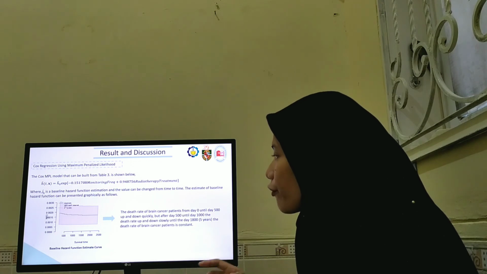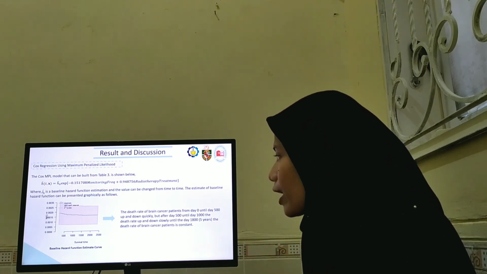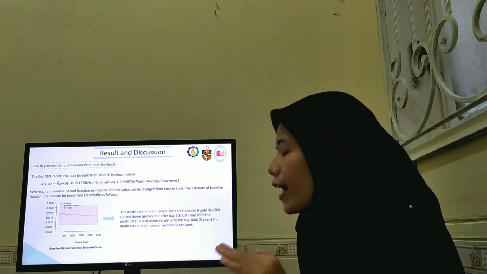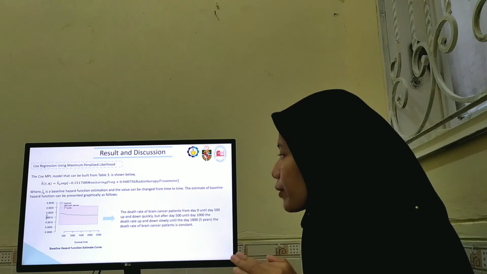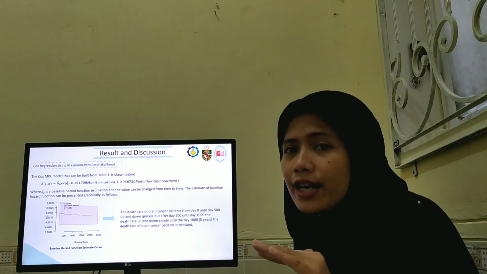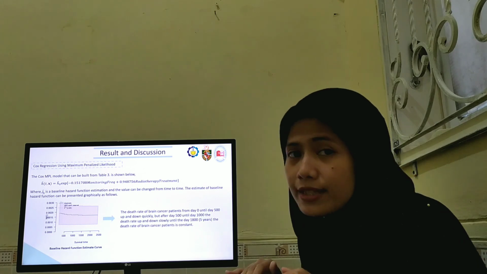The death rate of the brain cancer patients from day 0 until day 500 goes up and down quickly. But after day 500 until 1000, the death rate goes up and down slowly until day 1800, or 5 years. The death rate of brain cancer patients is constant.